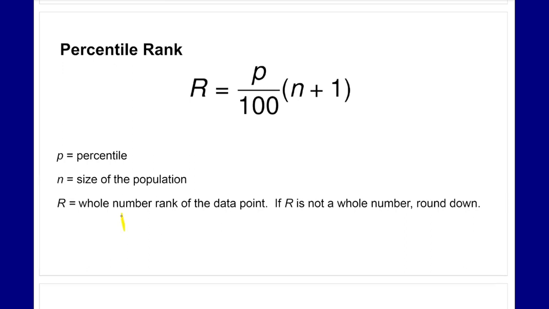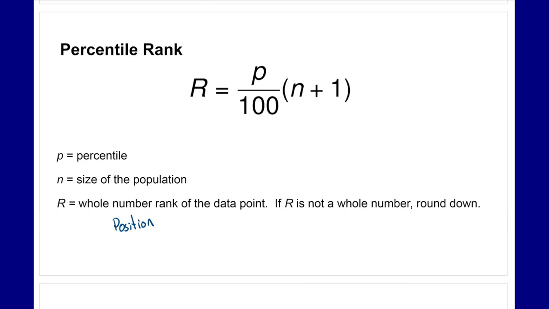This is essentially referring to a position. Even though it's called percentile rank, what it's doing is helping us find where a specific value is, or which value represents a specific percentile.